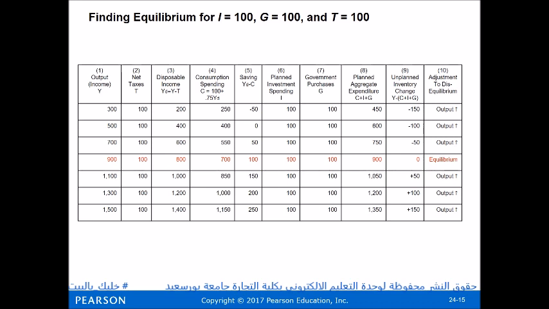So equilibrium will occur at a level of Y equal to 900.